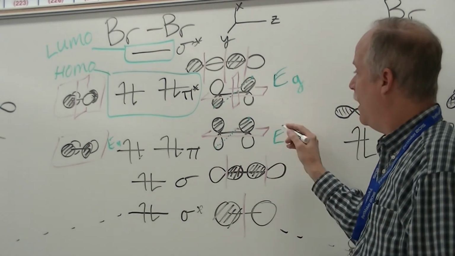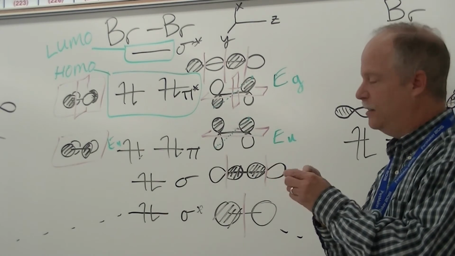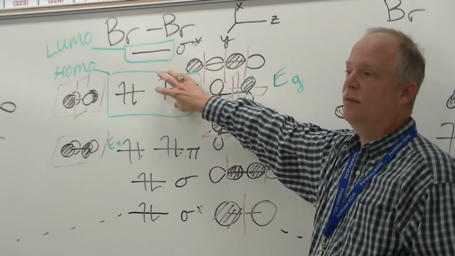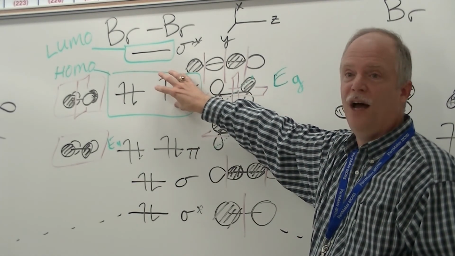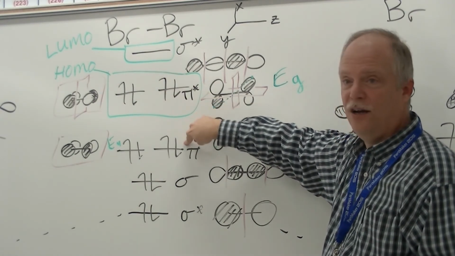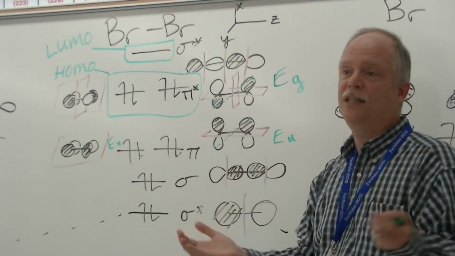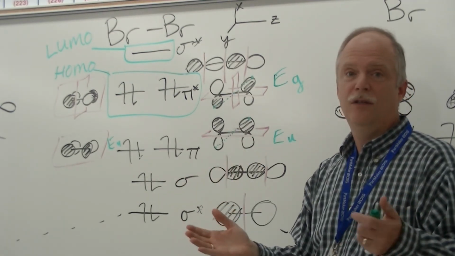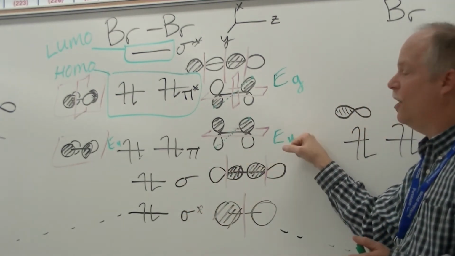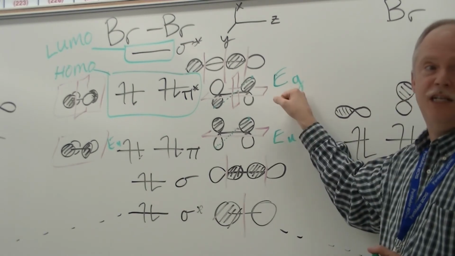And so then, if for some reason we had some empty space up here, and I wanted to know if I could get light to take an electron from this orbital to that orbital, I could set up my transition dipole moment integral. So let's do that. Let's pretend: can we go from an Eu to an Eg?